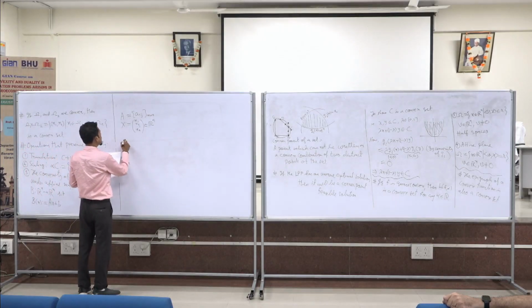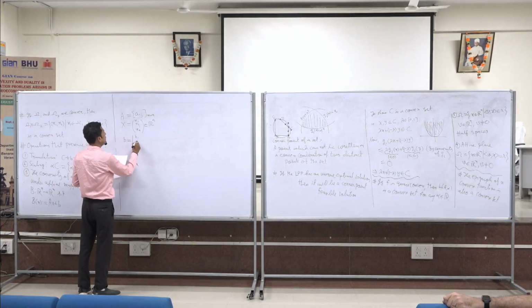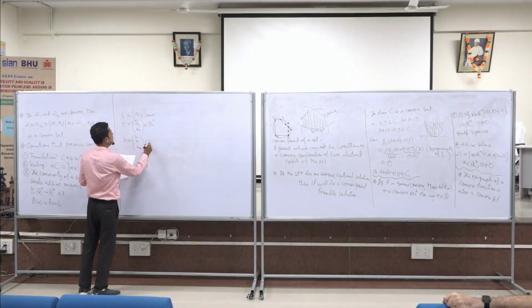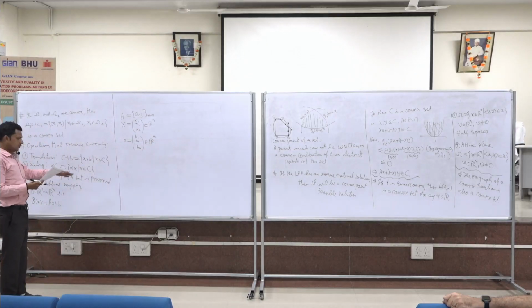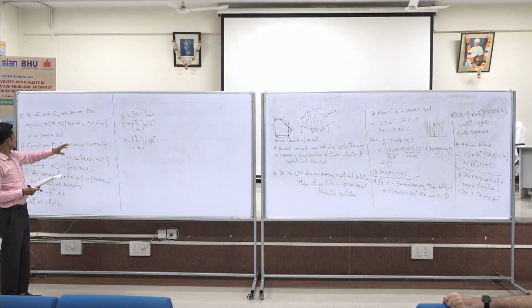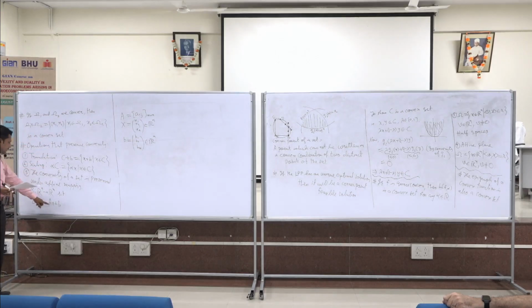Okay, so this B will be B1, B2, up to Bm. So this will be in Rm, right?